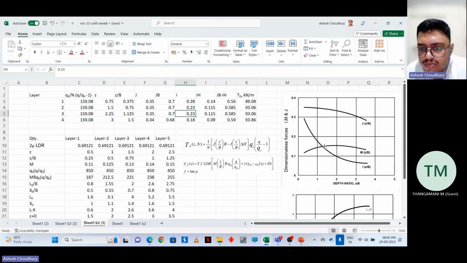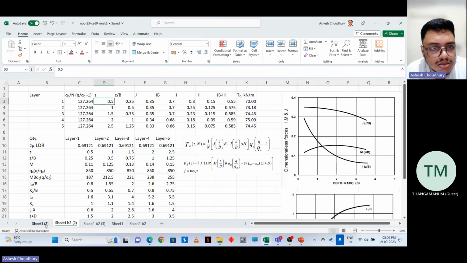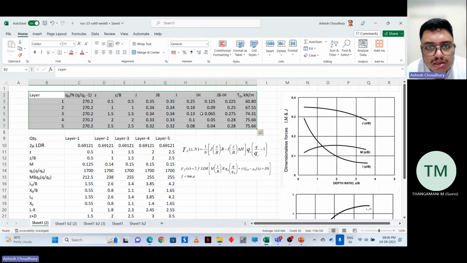1.5 we are taking 0.18. Set by P like it is 1.5. 0.5 we are taking 0.13.